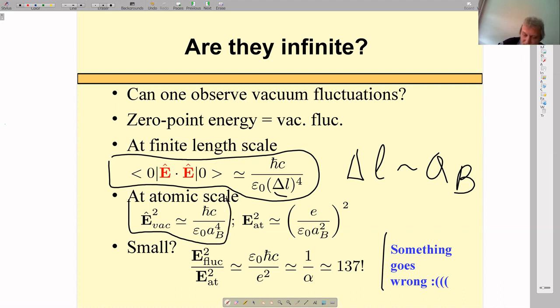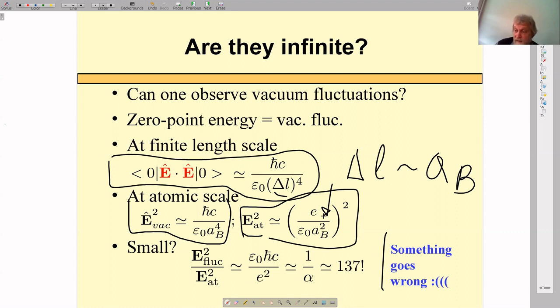And we can compare it with the scale of the electric field in the atom. That's something which the electron experiences from a proton. Apparently it is just the same Bohr radius which enters here.